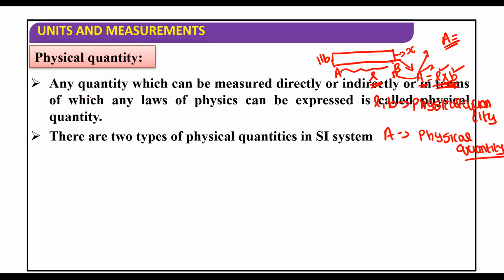Any quantity which can be measured directly, or in terms of any laws of physics can be expressed, is called a physical quantity.